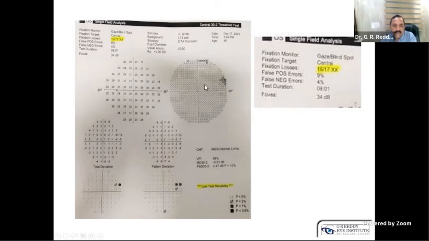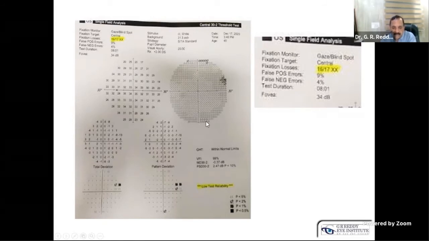We had one field with no blind spot, and this is where they located something, and they asked me on the phone. Then I immediately asked only one thing. You see the fixation losses, almost 100% fixation loss. That means the wrongly entered eye. So whenever you don't see a blind spot, it may be a one-eyed patient or the wrongly entered eye, where the right eye was entered and the left eye field was there.